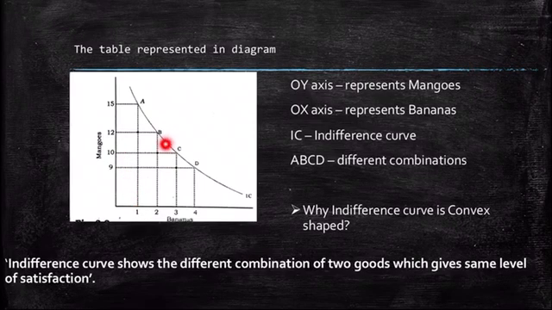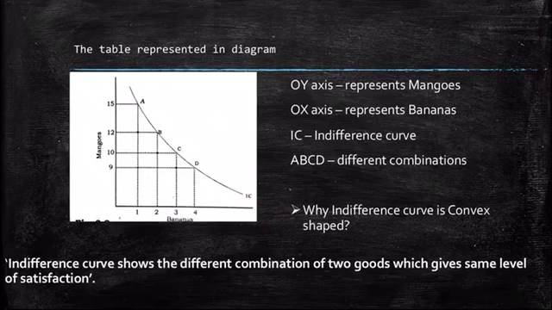In combination B, 12 units of mangoes and 2 units of bananas. In combination C, 10 units of mangoes and 3 units of bananas. And in combination D, 9 units of mangoes and 4 units of bananas. A, B, C and D being a locus, if we join this locus, we get a left to right downward sloping curve, which is called the indifference curve, represented as IC.